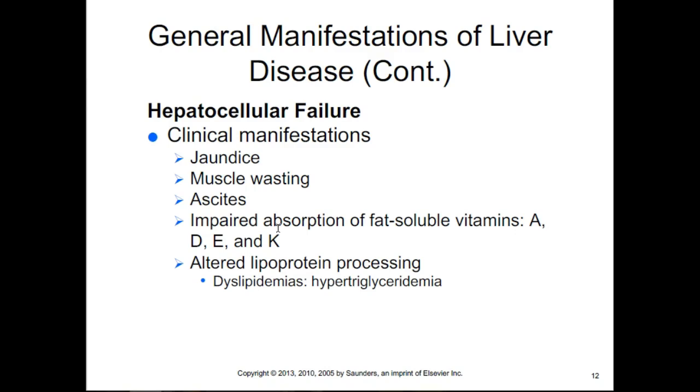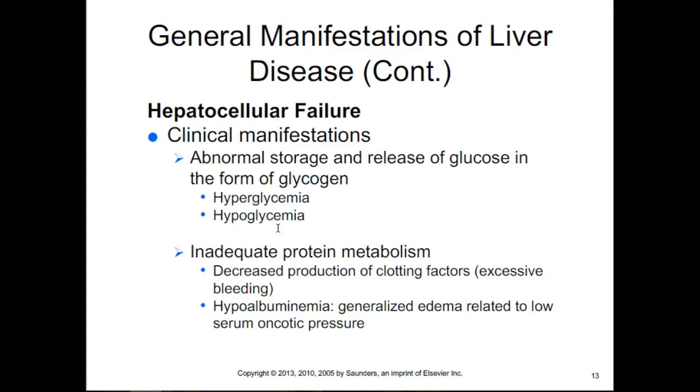So altered lipoprotein processing is going to result in dyslipidemias, particularly in hypertriglyceridemia, right? So high levels of triglycerides, so not being transported properly. All right, then abnormal storage and release of glucose in the form of glycogen, right? So remember, okay, now another thing, right?